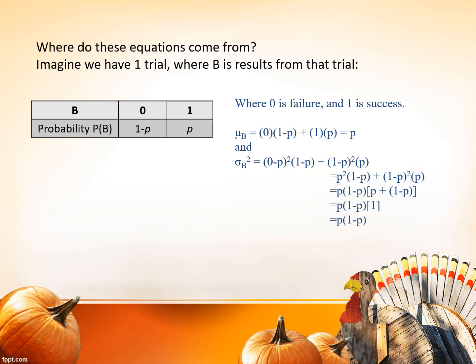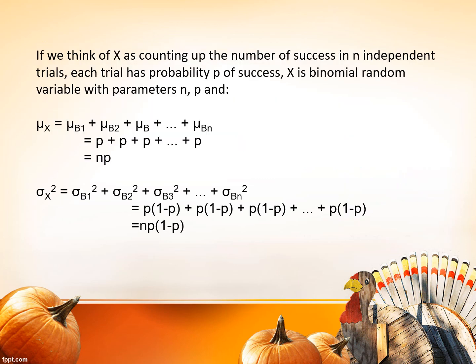And then if I do the variance for this, and this is again just one trial, here's all this fun algebra, and I get P times 1 minus P. But in reality, we don't have one trial. We have multiple.